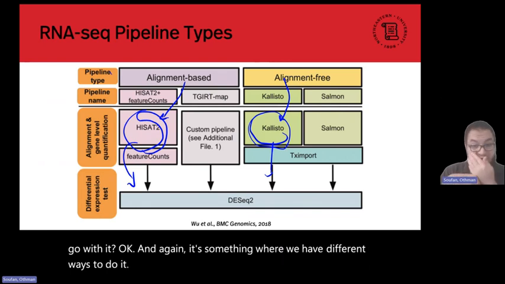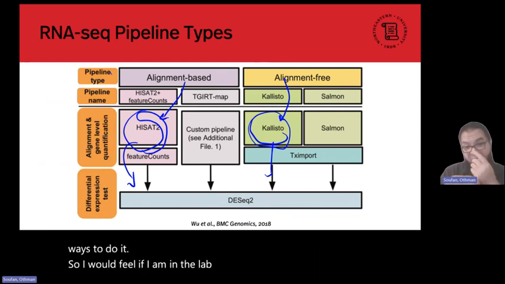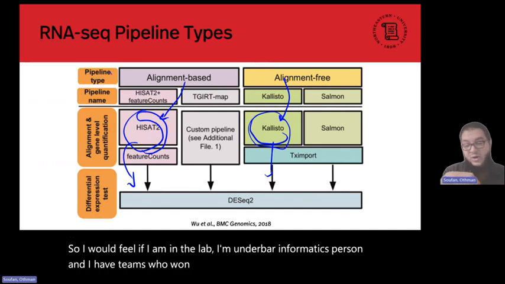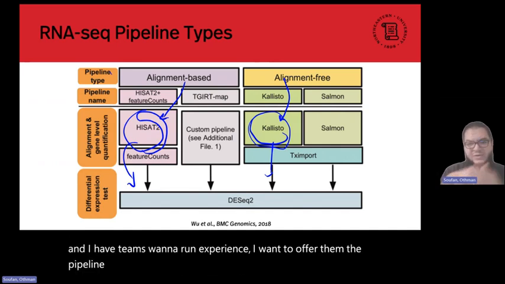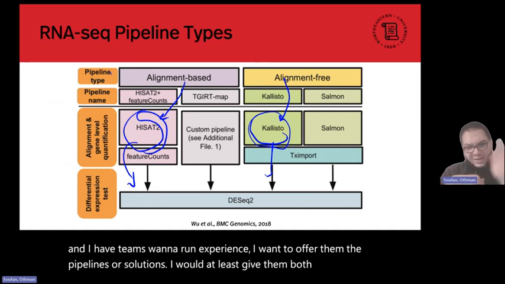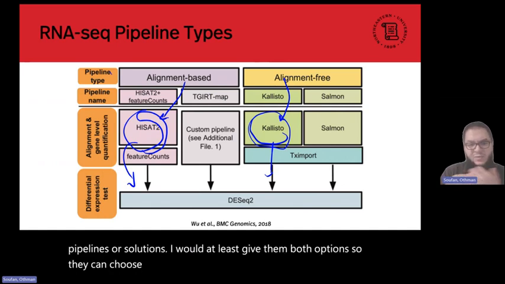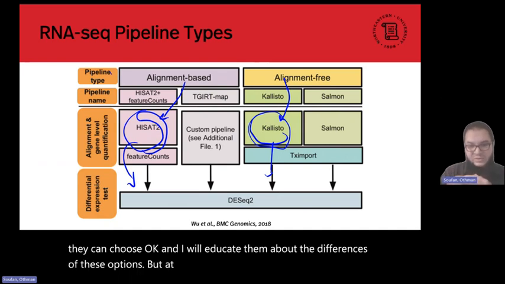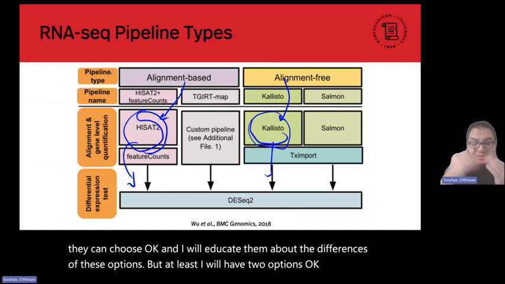If I am in the lab, I'm the bioinformatics person, and I have teams who want to run experiments, who want me to offer them pipelines or solutions, I would at least give them both options so they can choose, okay? And I will educate them about the differences of these options, but at least I will have two options. It depends, it really depends.